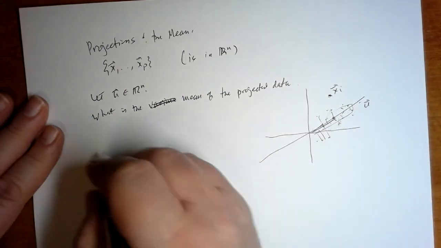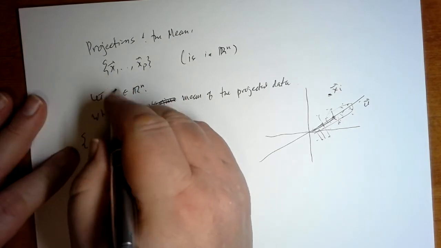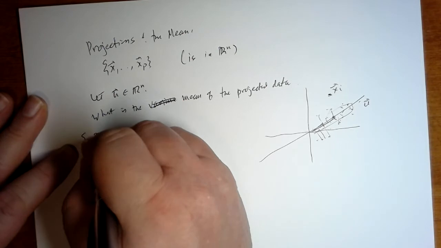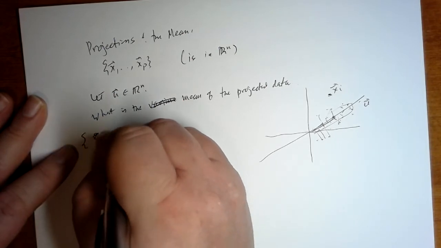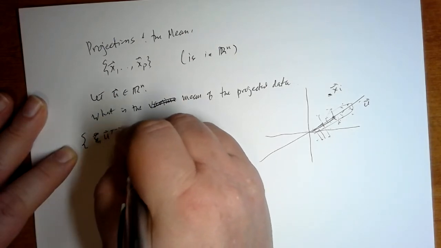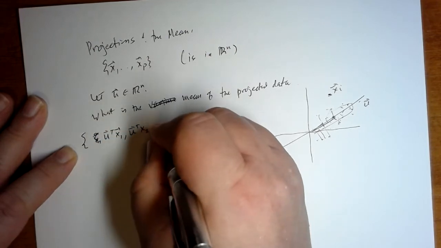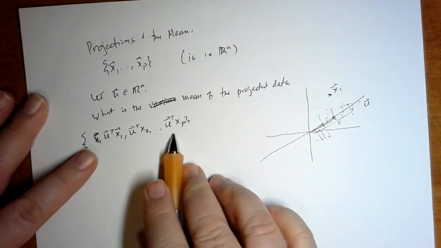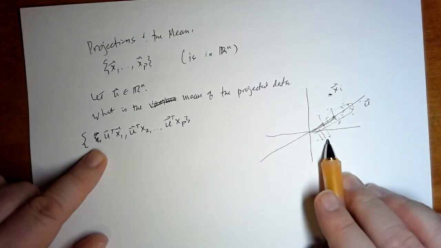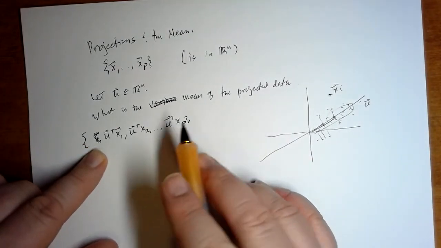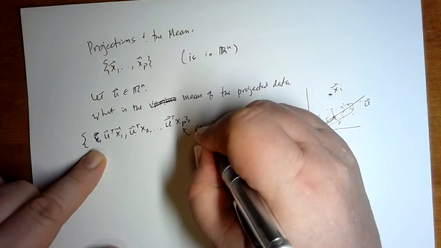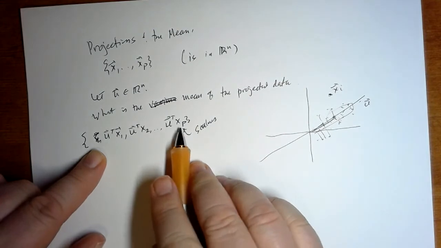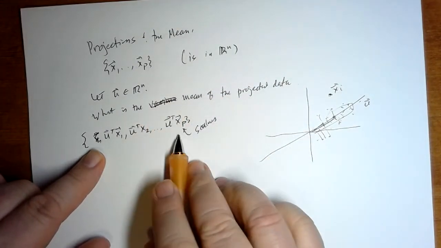So the data set I'm going to be working with are the coordinates of my data: u transpose x1, u transpose x2, up to u transpose xp. These are the scalar projections of the data onto u. I want to emphasize that: scalars. u is a vector in R^n, xi is a vector in R^n, but the dot product is a scalar.